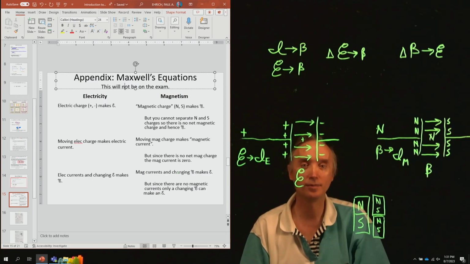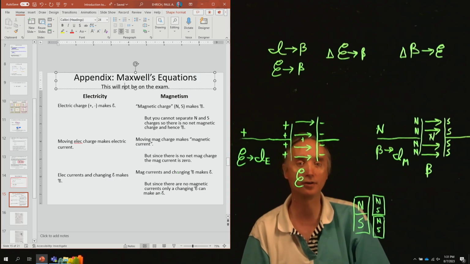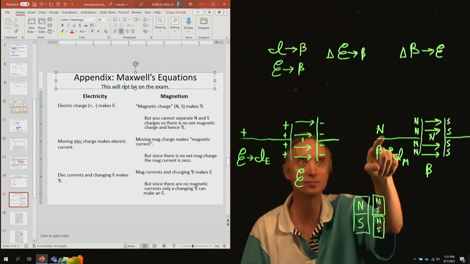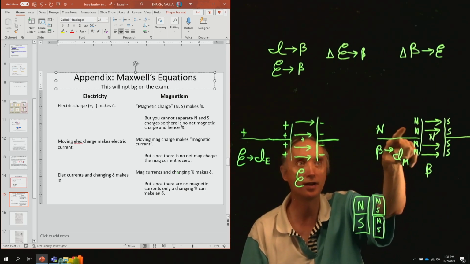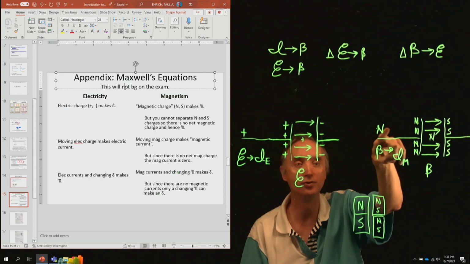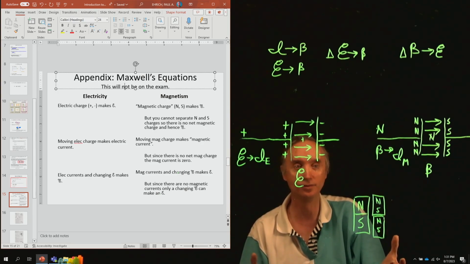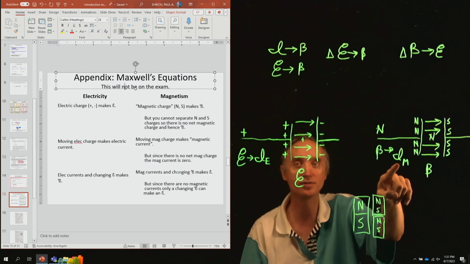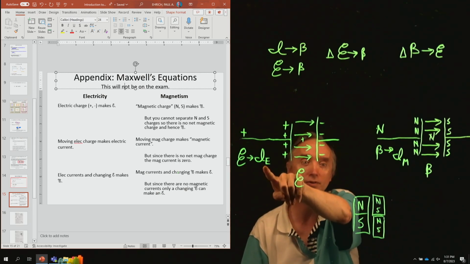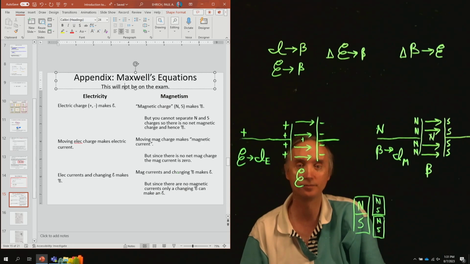So the second statement is that moving magnetic charge makes a magnetic current, but since there are no net magnetic poles, then again the current is going to be zero. So you have just as many south poles traveling in this wire as you would north poles, so again they cancel. So again, there is no such thing as a magnetic current. You have electrical currents, but not magnetic currents.